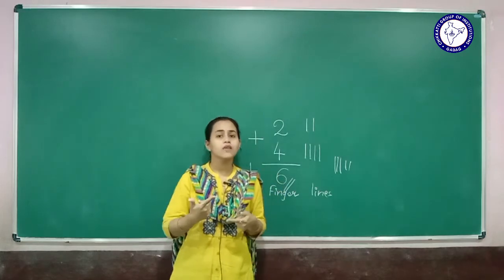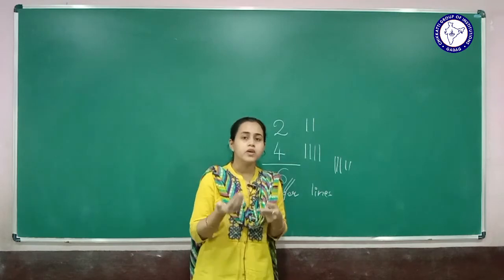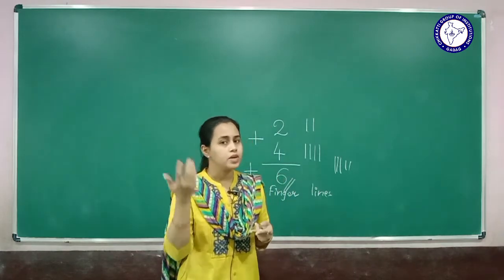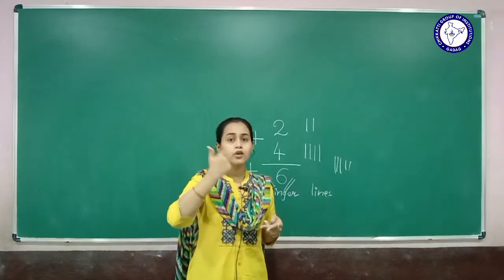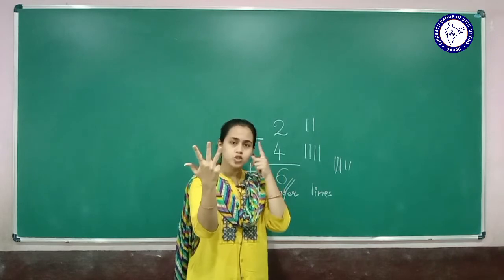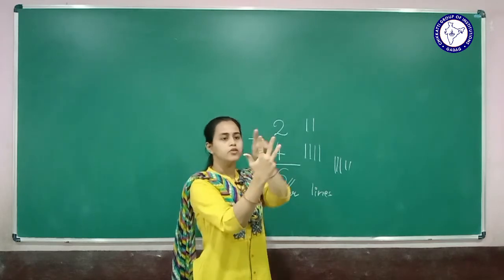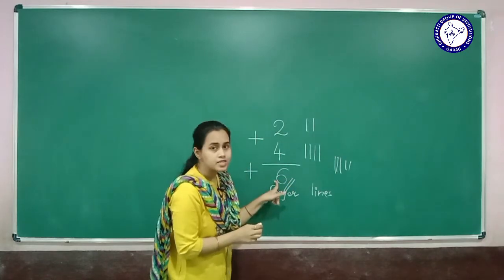What do you have to do? You have to count after the number which you keep in your mind. 2, 3, 4, 5, 6. So here is the answer we got.